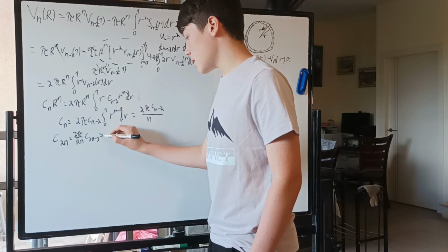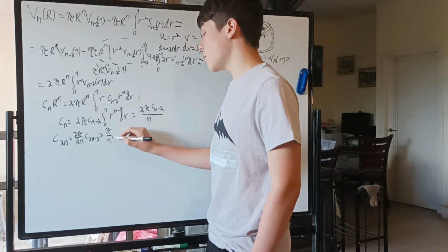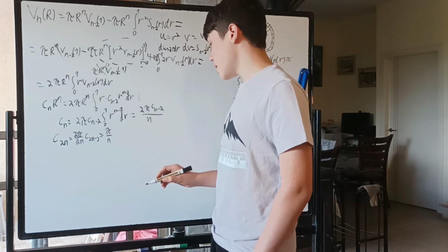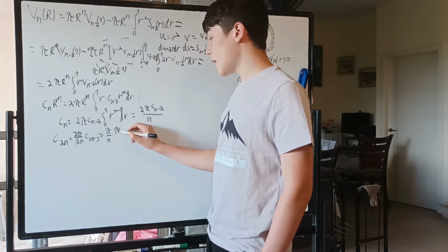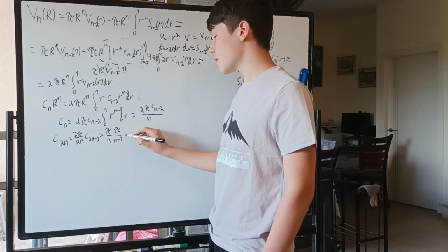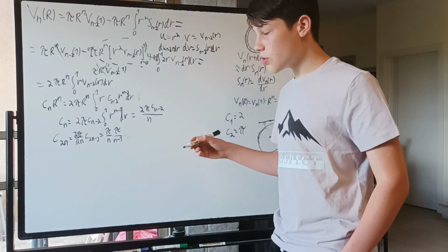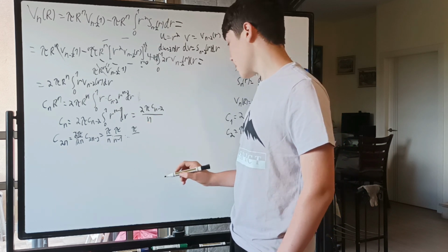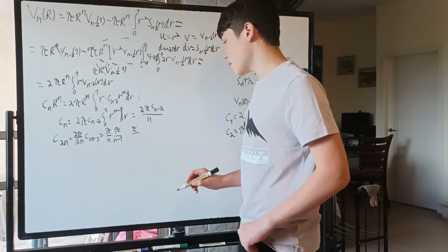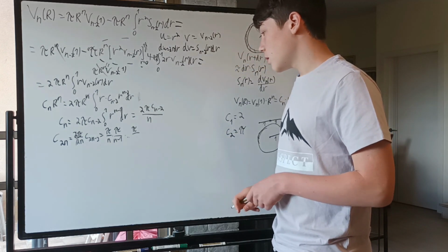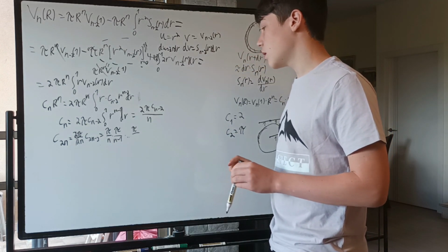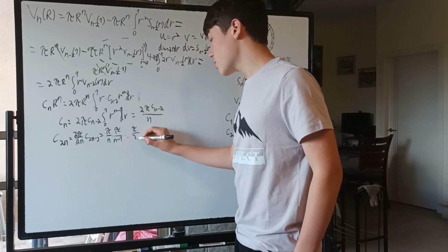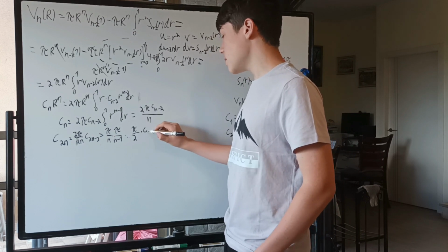And this is equal to, we use the reduction formula, pi over n times, a 2 will cancel again, pi over n minus 1, and pi over n minus 2, up until we have pi over 2 times C_2.